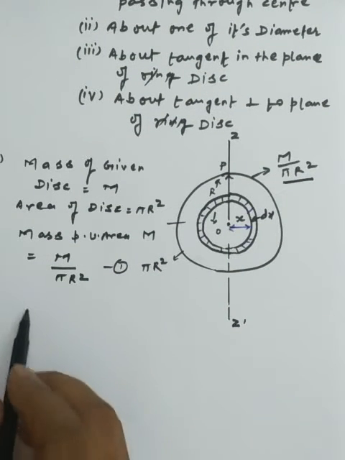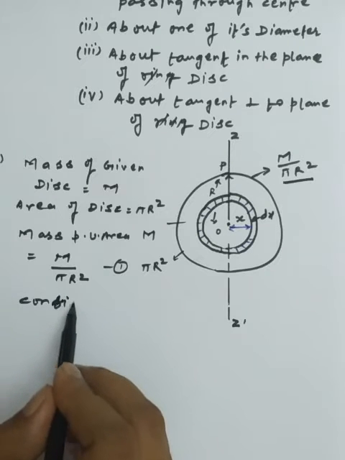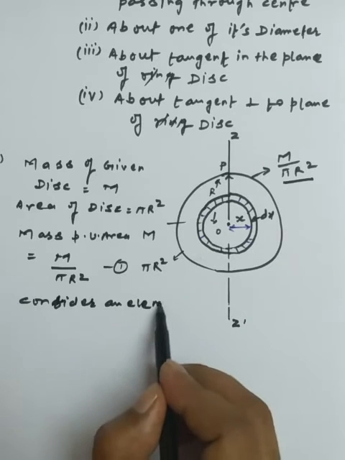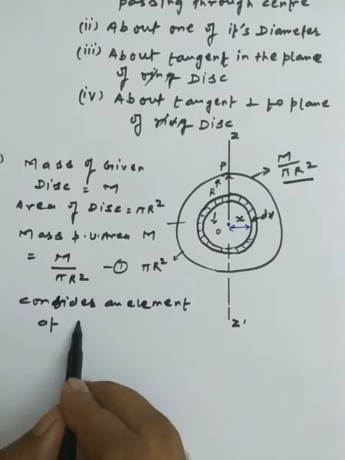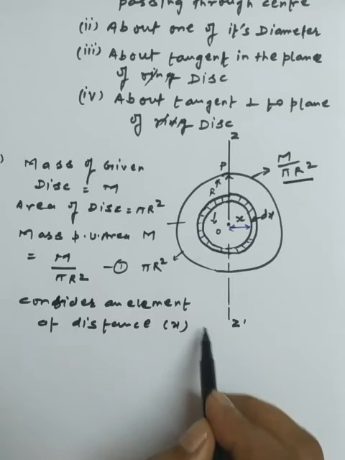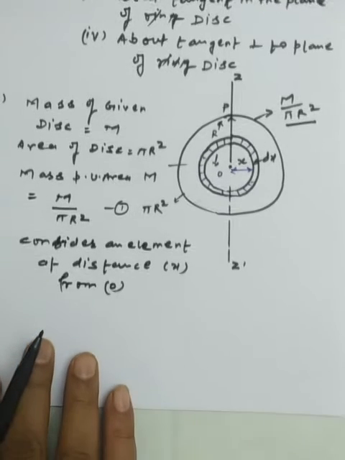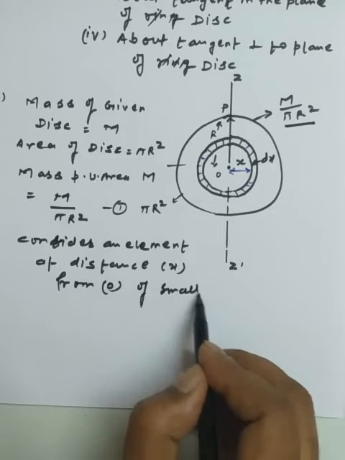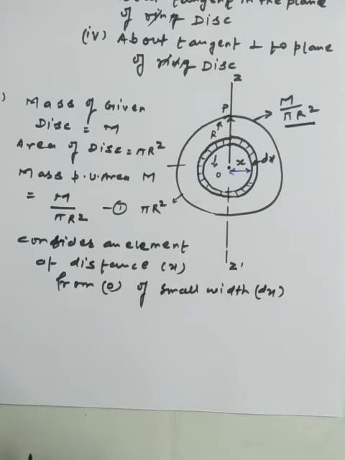Now what are we doing? Consider an element at distance x from O of a small width dx.